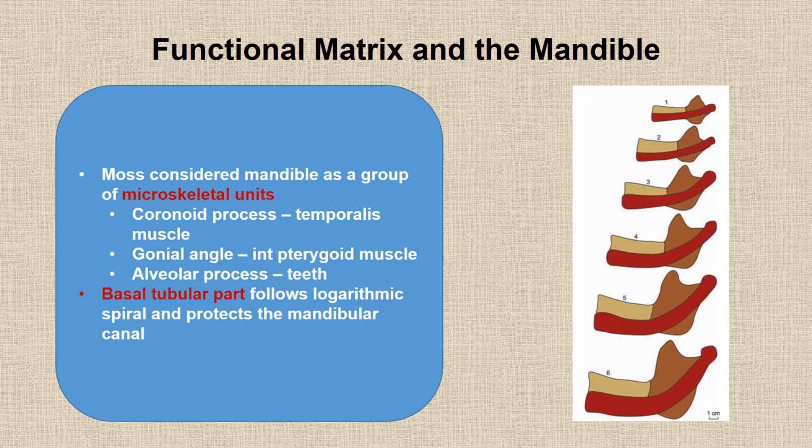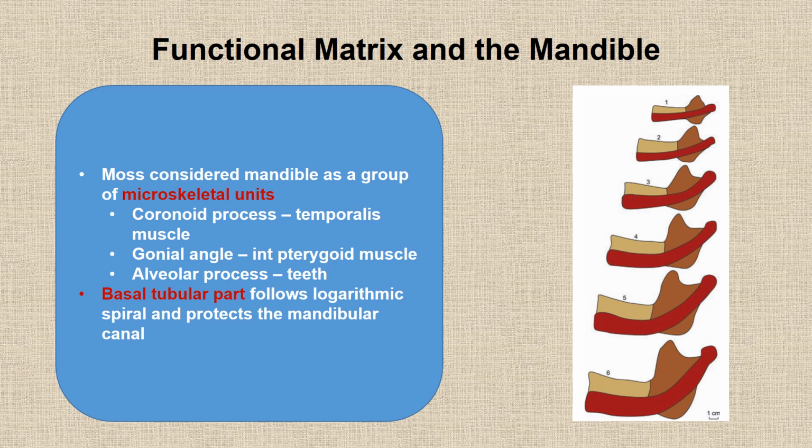Now, most consider the mandible as a group of microskeletal units. These are the coronoid process, which is affected by the temporalis muscle; the gonial angle, which is affected by the internal pterygoid muscle; and the alveolar process, which is affected by the teeth.